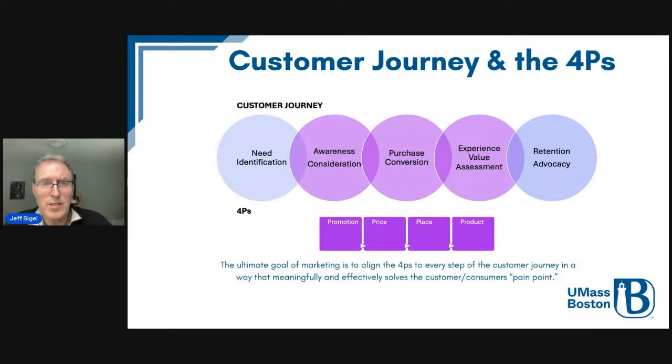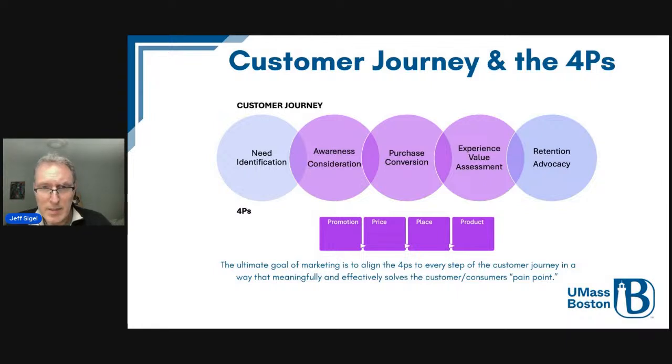That creation of demand really happens in the part of the process where the consumer may not even know that they need what you have. They may not even realize they have the problem until you talk to them about it. So need identification is a very important part of the journey, because if they don't need your product, they're not going to give you their hard-earned money to buy it.